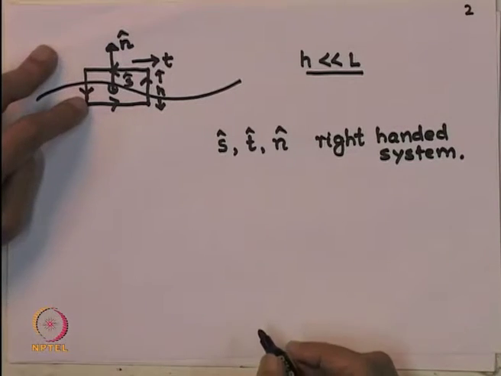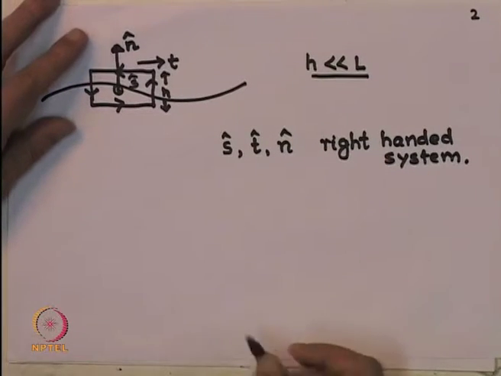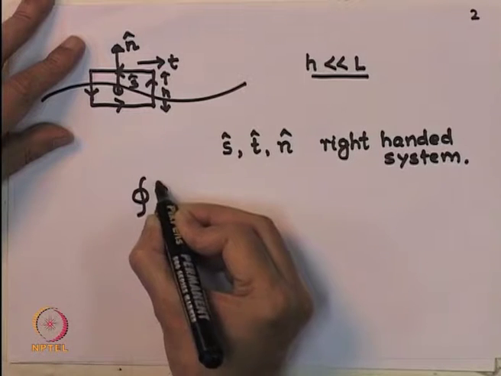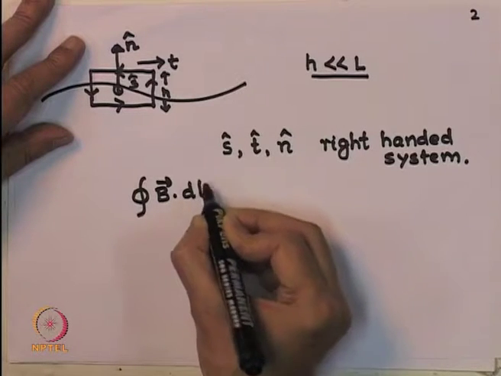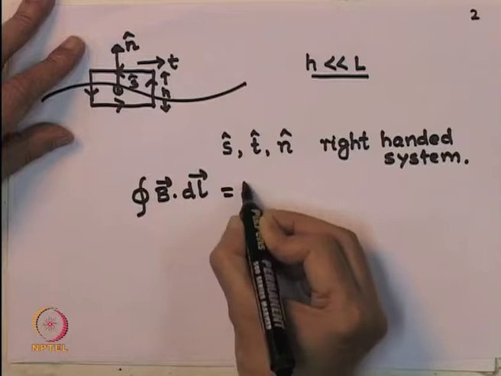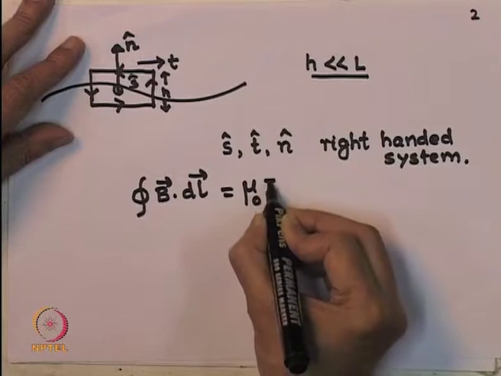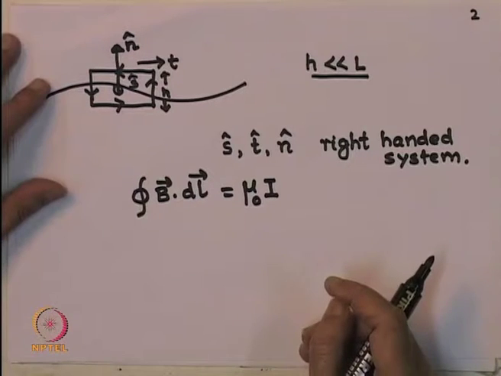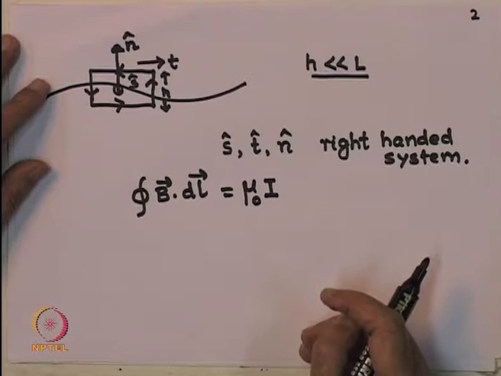I am going to use Ampere's law, which tells me that the integral of B dot dl is equal to mu 0 times the current I that is flowing through. Now, in this case, I am looking at a surface current.